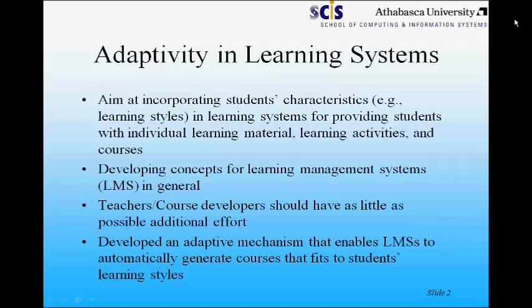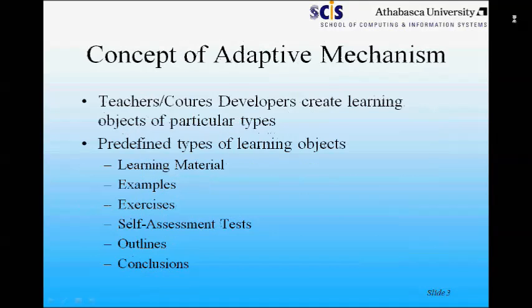So what we did was we developed an adaptive mechanism that enables learning management systems to automatically generate courses that fit students' learning styles. Let me talk a bit more about the concept behind this adaptive mechanism. So the idea is that teachers and course developers are creating learning objects of particular types, and we predefined 6 different types of learning objects which are commonly used in learning management systems.